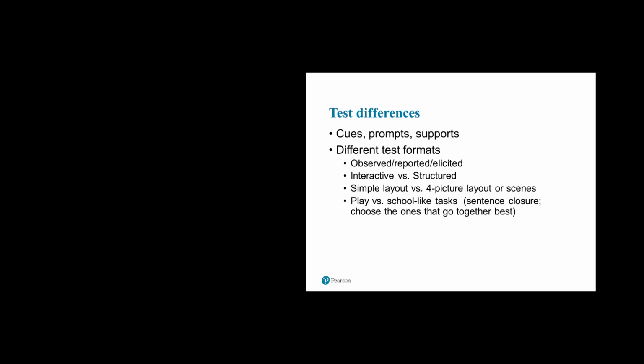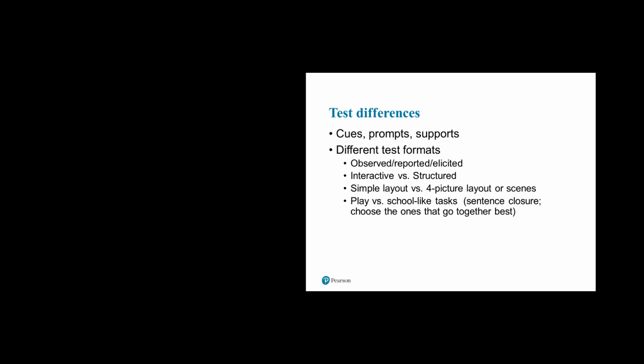The layouts presented when eliciting responses are different, as you saw in the examples of the visuals used in each test. And the tasks also differ between more play-based tasks versus school-like tasks. And even the setups for using the same closed procedures or selecting items is different.